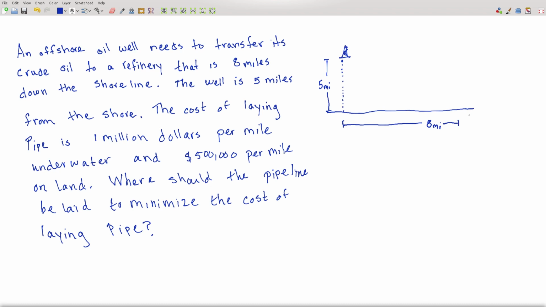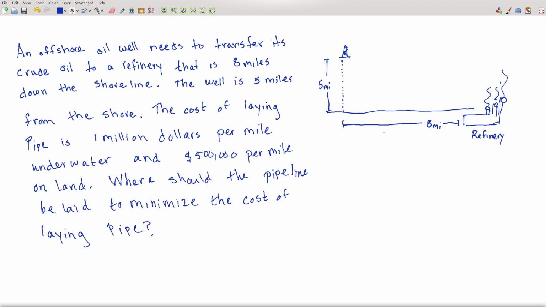Okay, and then right here we will build our refinery. I'm not sure exactly what a refinery looks like. It's probably a factory that has a lot of smokestacks. How's that for artwork? Okay, so the refinery over here, maybe I'll label this is where the refinery is.